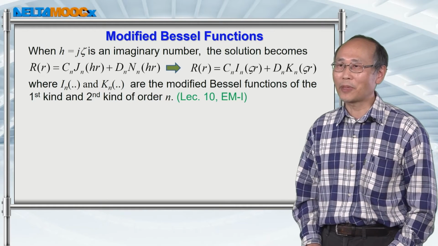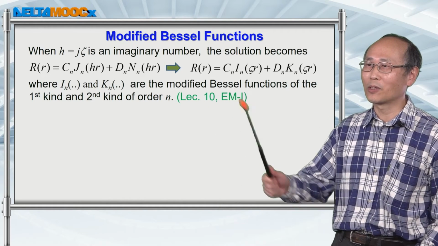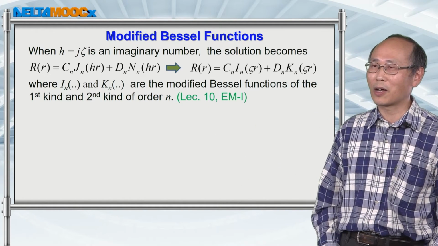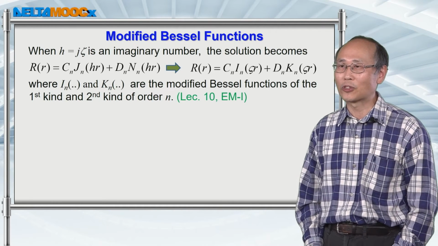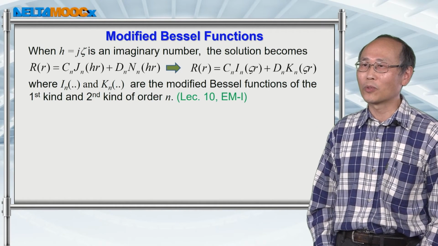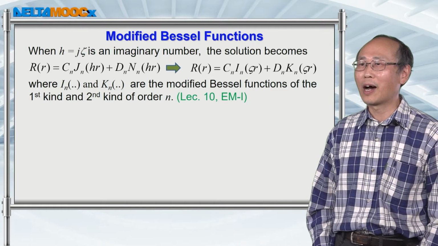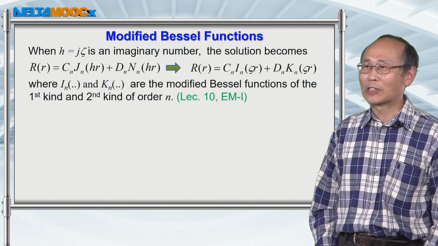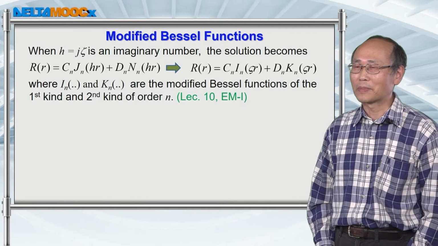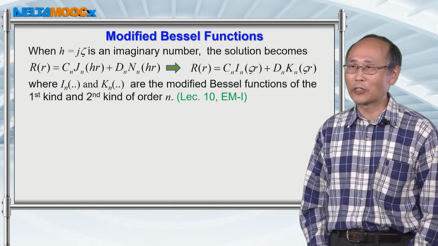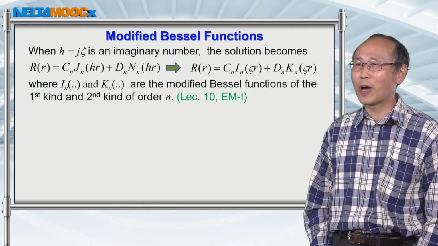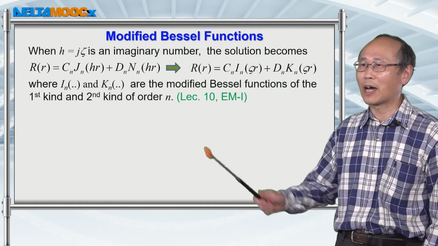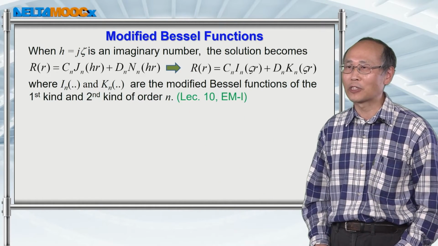And sometimes we don't just want standing wave solutions. Sometimes we want to look into the field outside the waveguide, which is evanescent. For example, in the optical fiber, which is a dielectric waveguide, you have the wave guided inside, but you will have the evanescent wave outside.